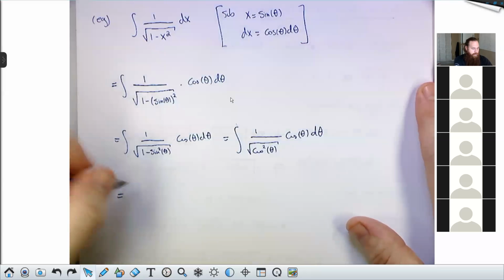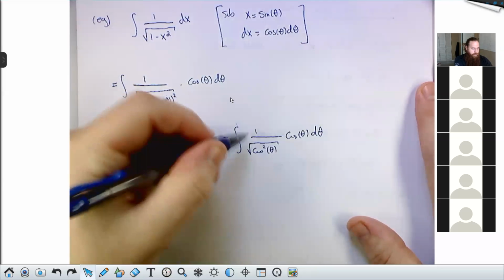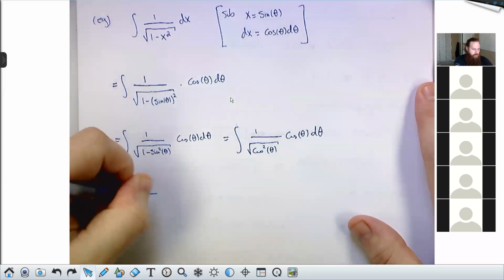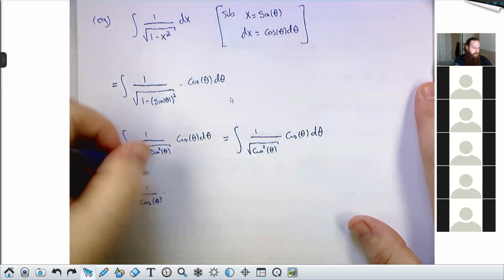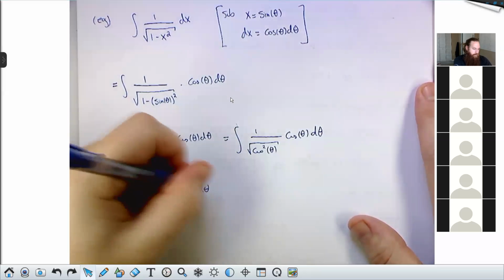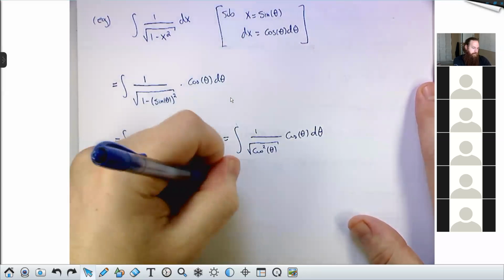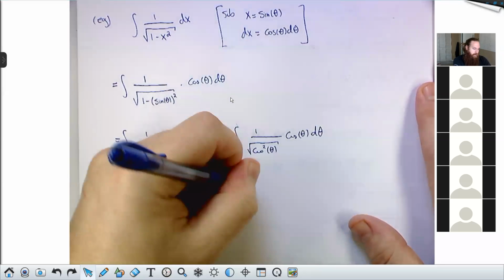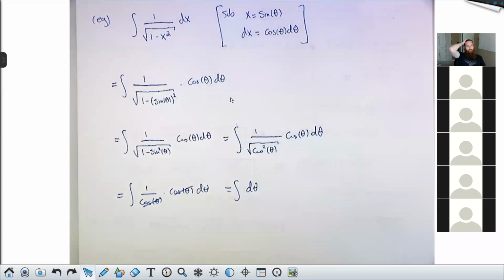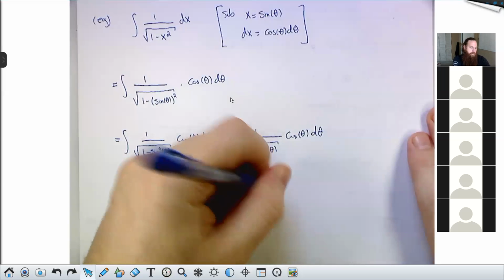So this is so nice. 1 over the square root of cos squared is 1 over cos. And then I've got my cos up here from the differential, and they will cancel. And I just get the integral of 1 d theta, which is theta plus c.